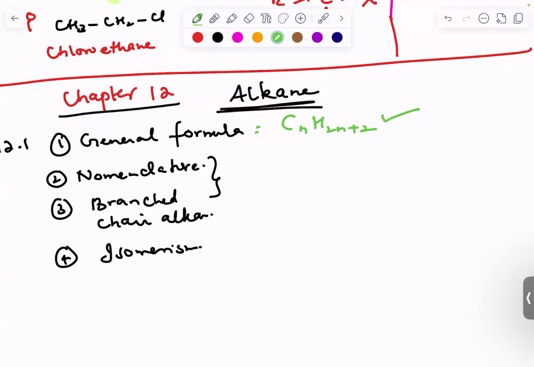Propane. So, can you tell me the formula of propane? Propane C3H8. All right, yeah. So n is equal to 3. So C3H(2 times 3 plus 2). 3 times 2 is 6, 6 plus 2 is 8.